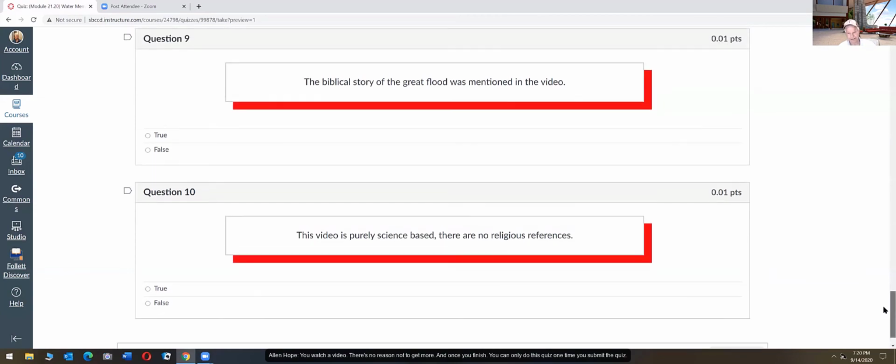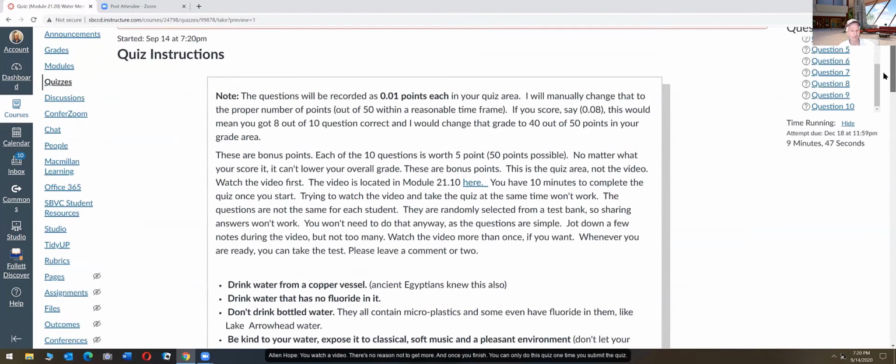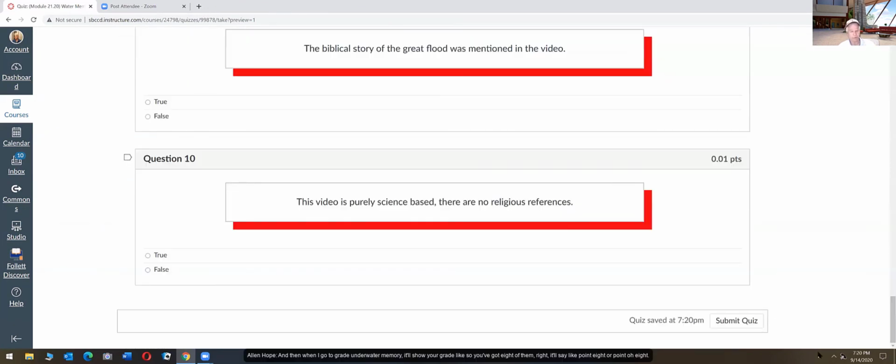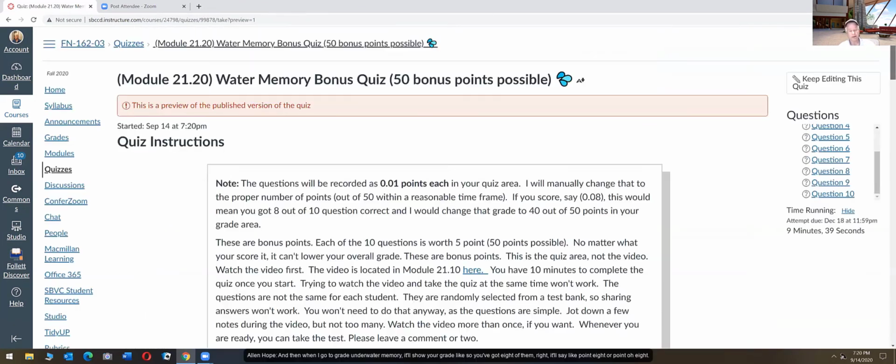You could just randomly guess and get half of them. If you watch a video, there's no reason not to get more. And once you finish, you can only do this quiz one time. You submit the quiz, and then when I go to grades under water memory, it'll show your grade, like, so you got 8 of them right. It'll say like 0.8 or 0.08. I'll change that to 40.